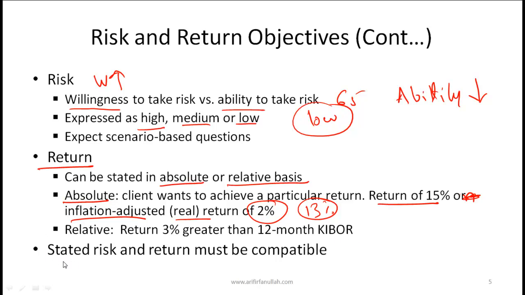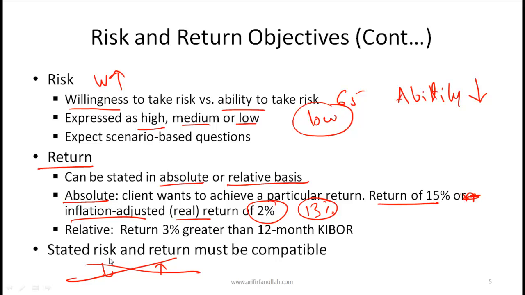Fundamental point is that the stated risk and return must be compatible. So we cannot have low risk and high return. This is not possible. Whatever return we are documenting for our client or stating in our objectives should be in line and acceptable given the level of risk that the client is taking.